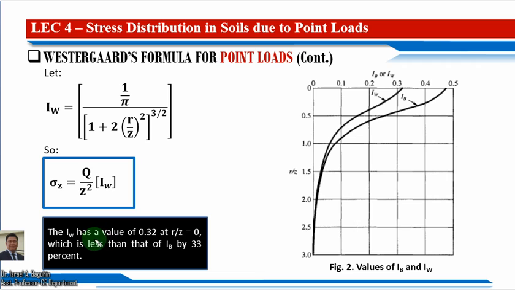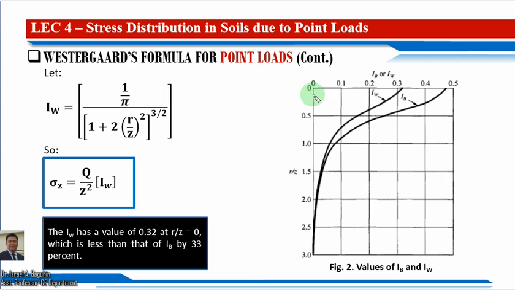So the I subscript w has a value of 0.32 at r over z equal to 0, which is less than that of I sub b by 33%. Here in figure 2 are the values of our I sub b and I sub w, at a certain depth and radial distance, with the ratio of r over z.